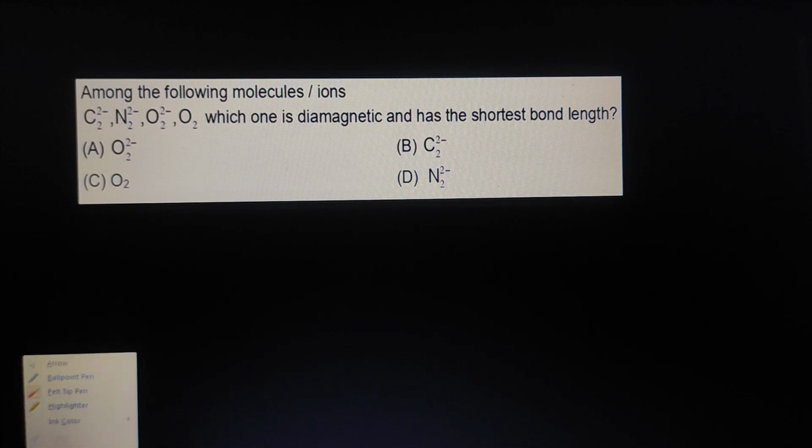The question is about diamagnetism and bond length. This question can be explained with the help of MO diagram or MO theory, molecular orbital theory.